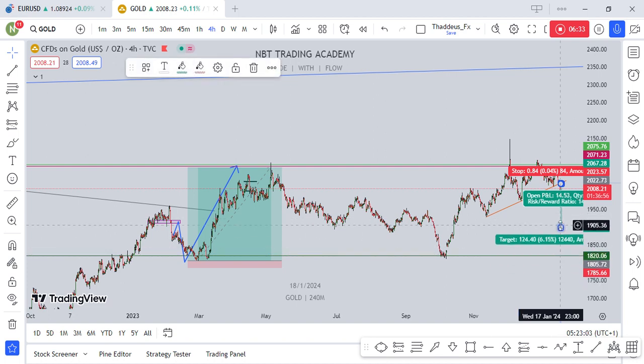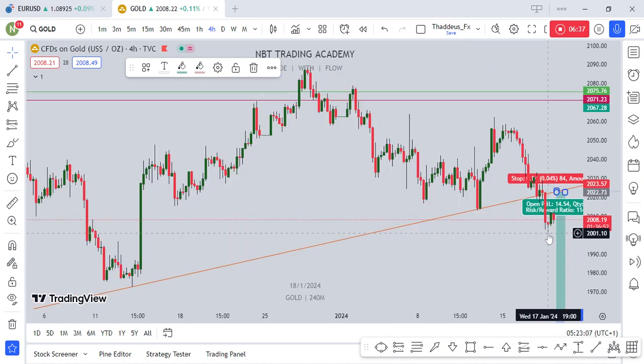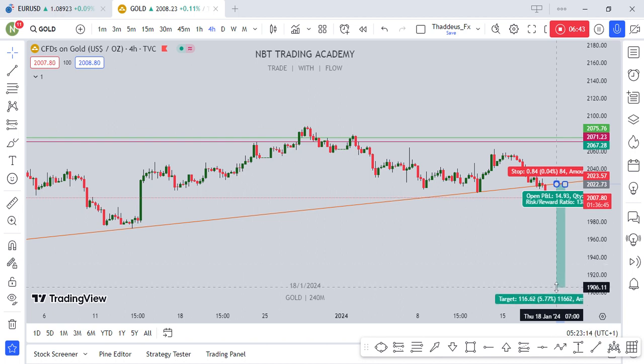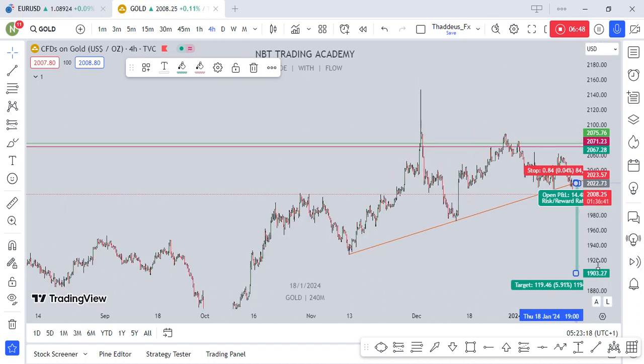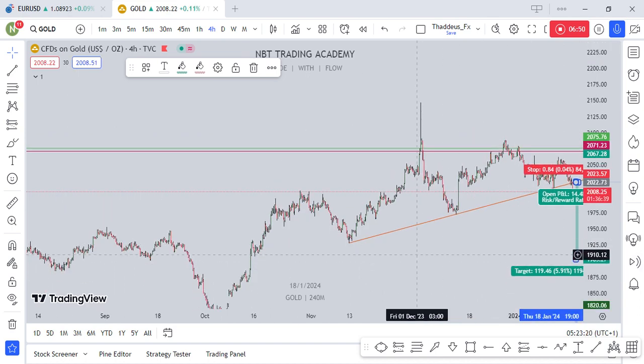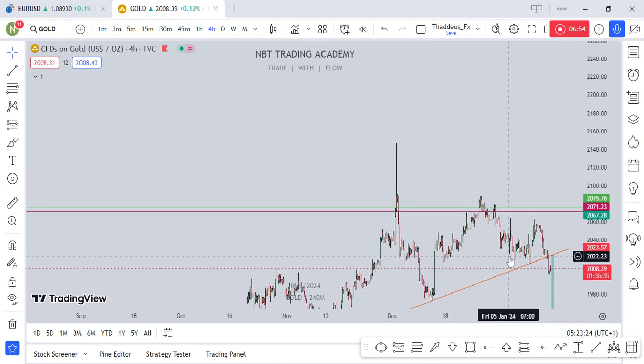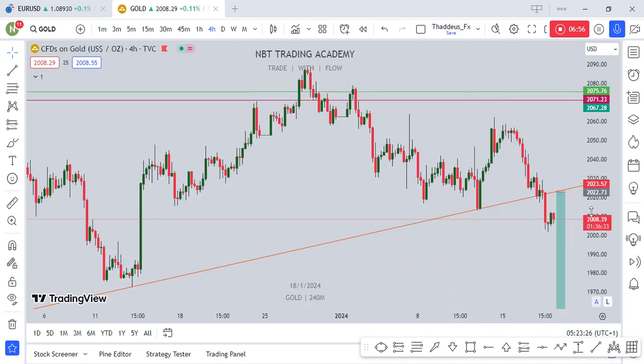So basically we are going to be stopping here for now to see what the market is about to do. So let's stop at 1900 and see what the market wants to do at that zone, because there's also something there. This is my entry for gold.